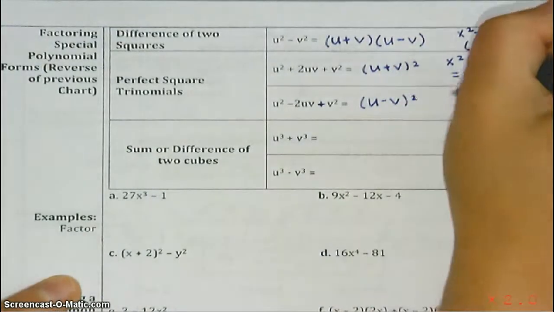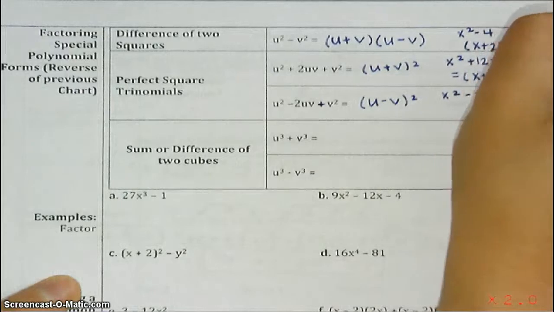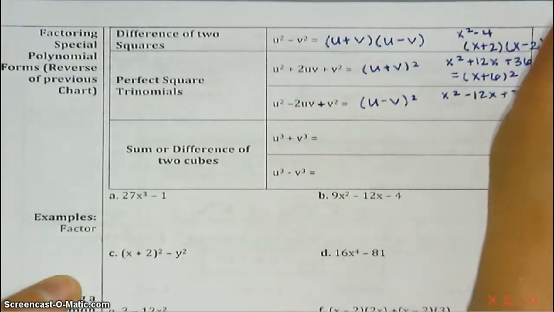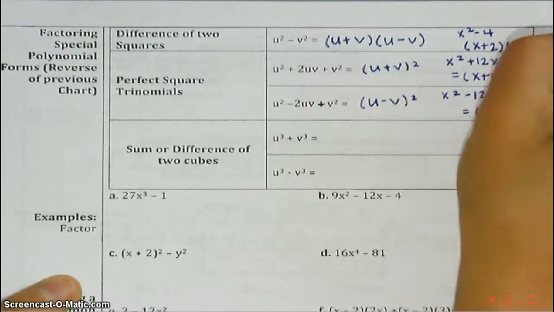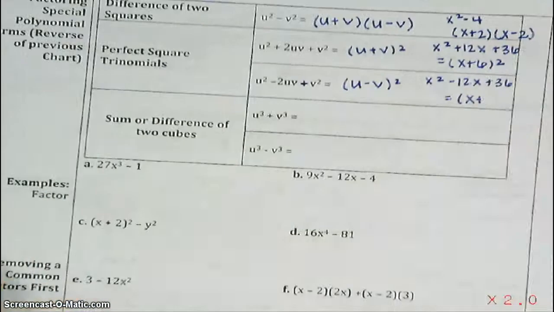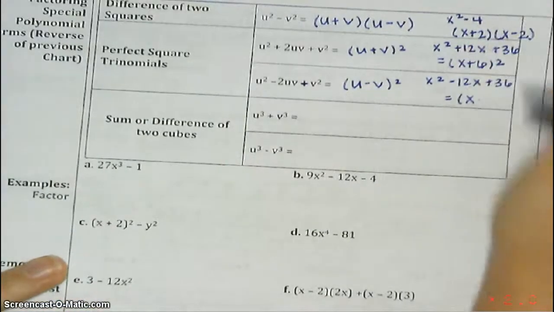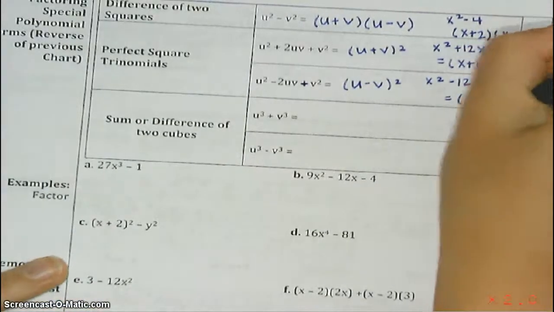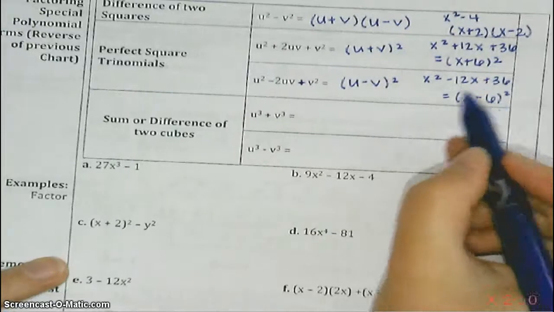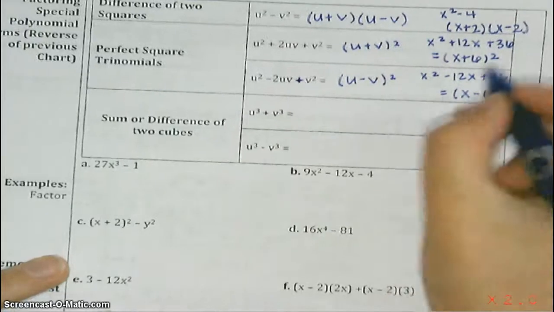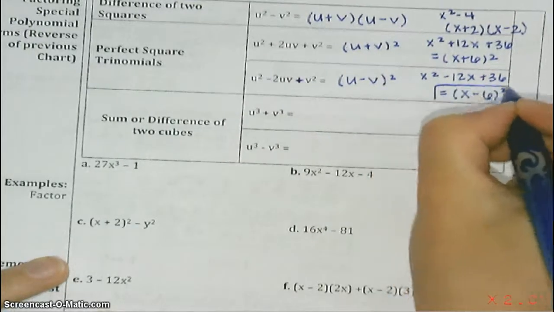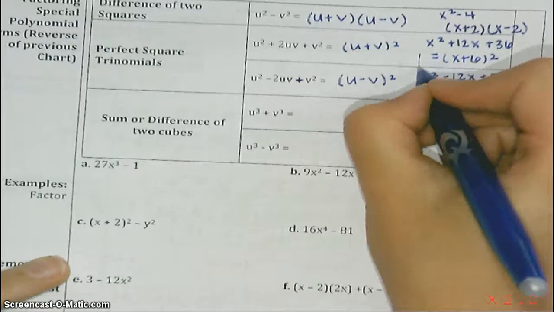A quick example, x squared minus 12x plus 36 is going to factor into x minus 6 squared. And you can double check if you want to FOIL this out to see if you get that, then be my guest. You can pause the video and see if it works out.